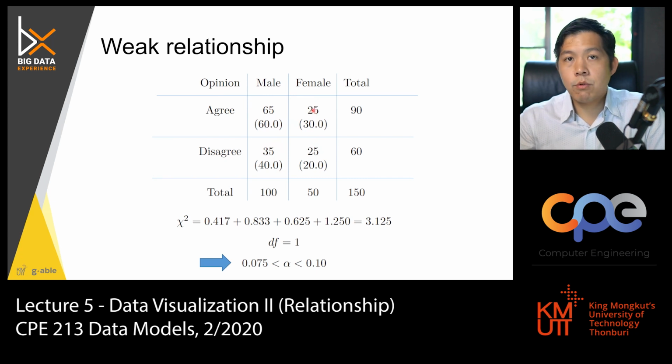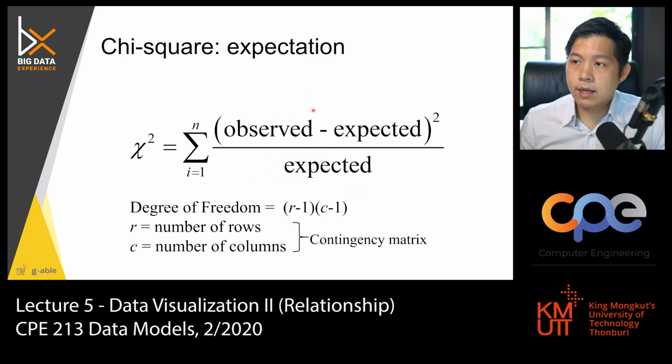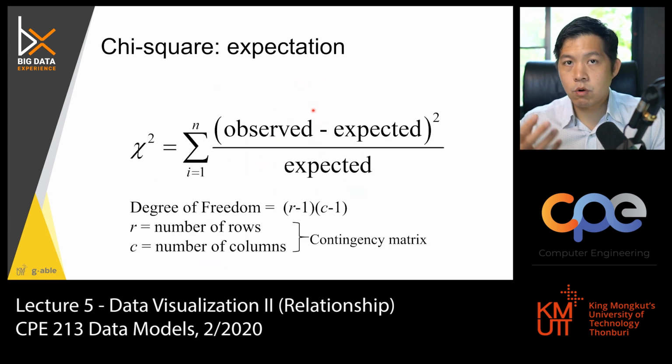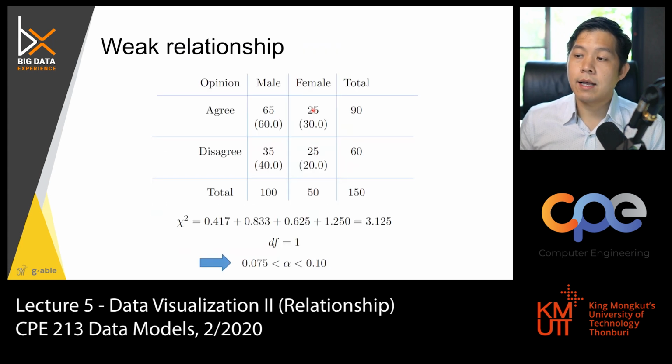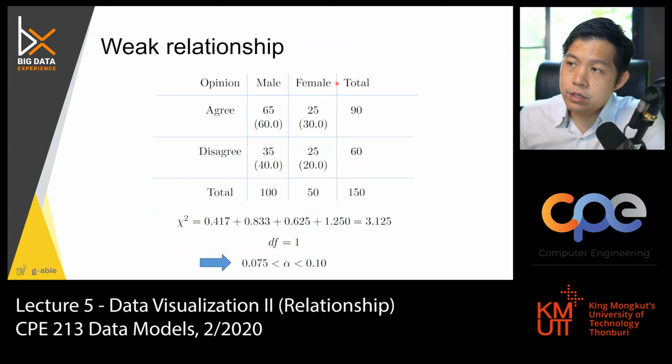But if you want to summarize them as just one number to indicate the relationship, how do we do that? We can come back to this equation by computing the expected value. The expected value: suppose the two are not related, what should the value be? This can be done by first computing the contingency table.